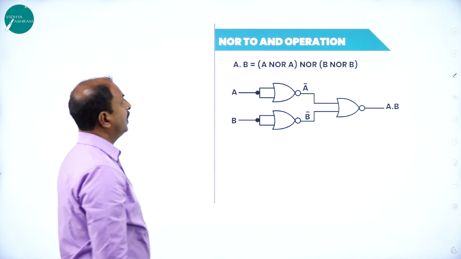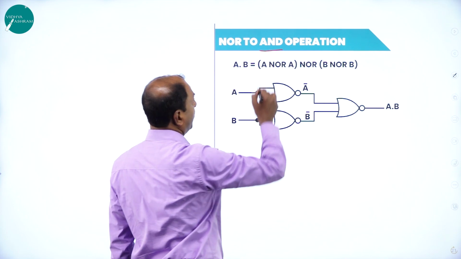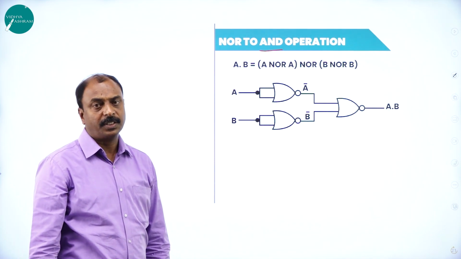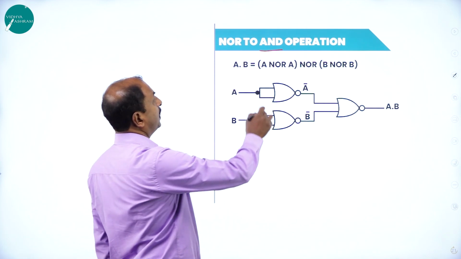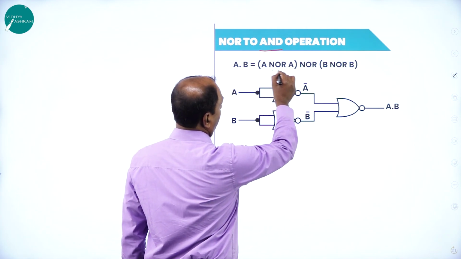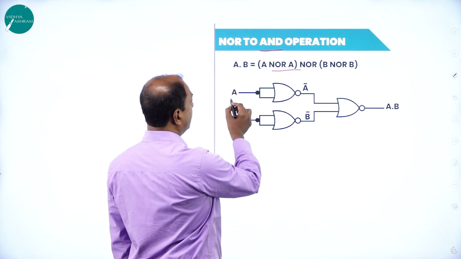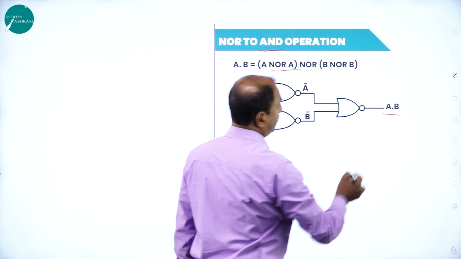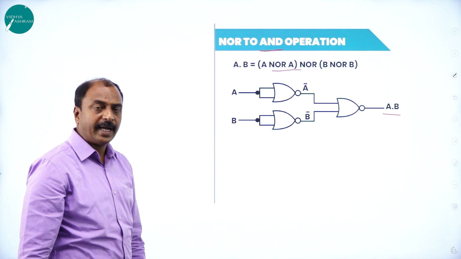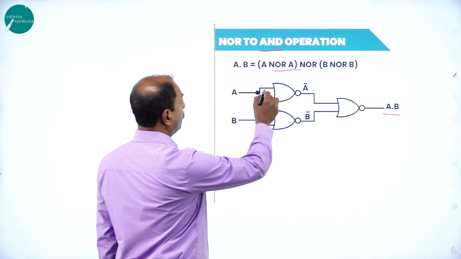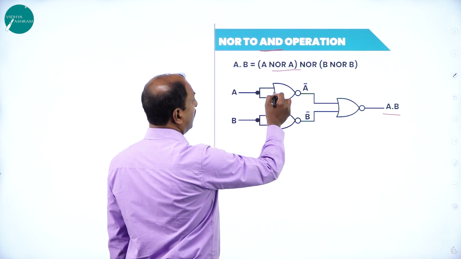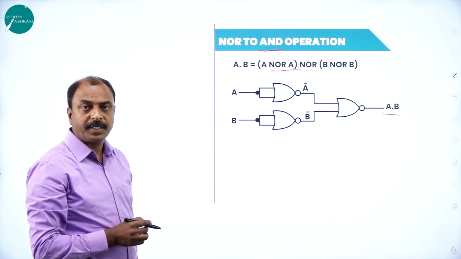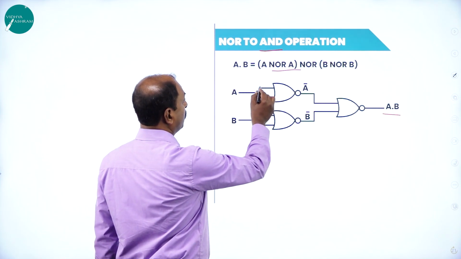Next one is the NOR to AND circuit. How do we design the AND circuit by using the NOR gate? Here is the equation, and observe that there are two inputs A, B, and the output is A and B. This is the result of the AND gate. This is the circuit for it. This is a NOR gate. It takes two inputs, and to get one single input, we have to short them.